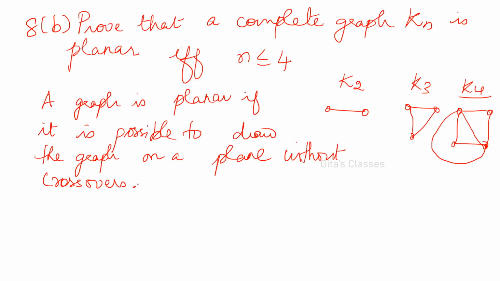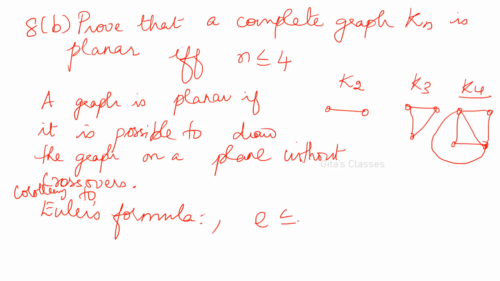Now we have to check whether K5 is planar or not. I have proved that K5 is not planar, but in general you cannot just write like that. We have a corollary to Euler's formula. From this we know that E is less than or equal to 3V minus 6.